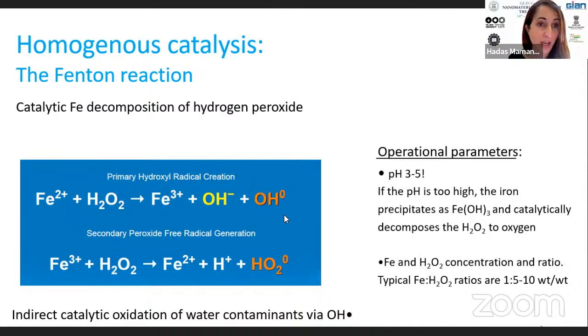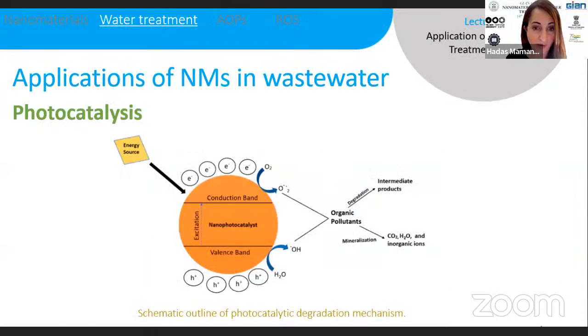However, we can create hydroxyl radicals, and these hydroxyl radicals can be used for oxidizing the pollutants indirectly. Therefore, this process has some advantages because it uses lower cost raw materials, but it also has disadvantages. Okay, let's move on here.